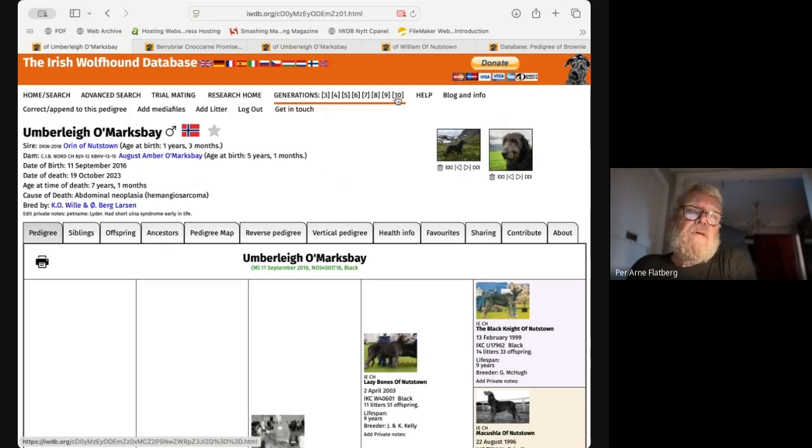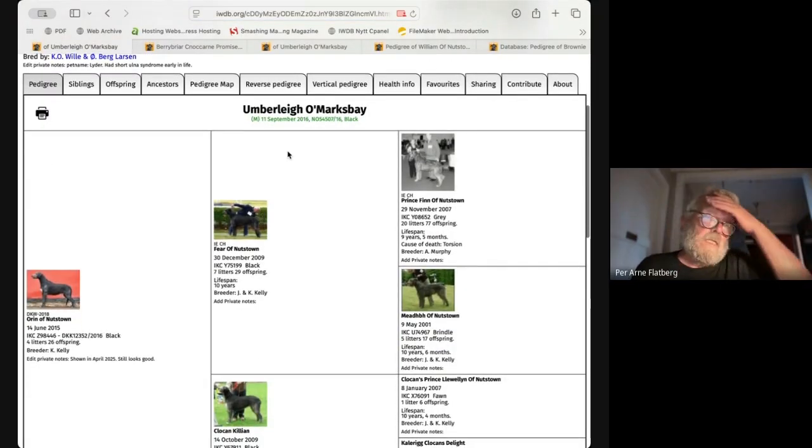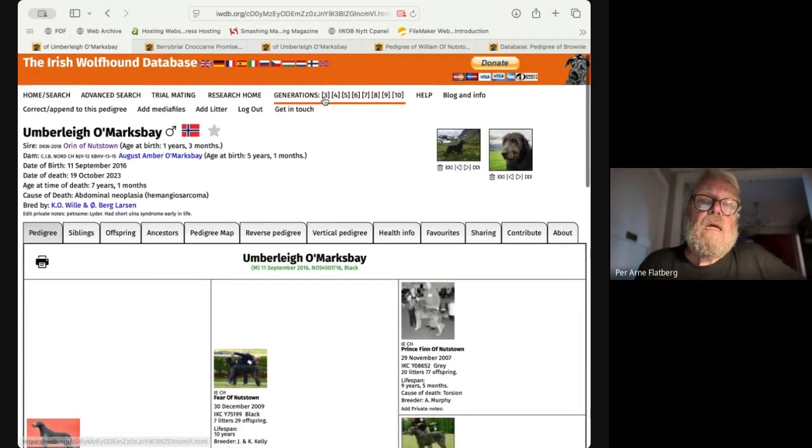Up here we have a selector for the number of generations we'd like to see. On a mobile phone, you will get 3 generations as a standard because it's more practical to see. We can always change that into more generations than that, up to 10.